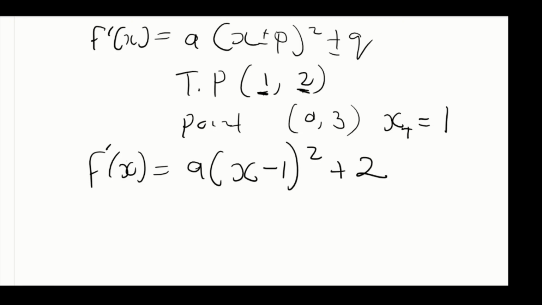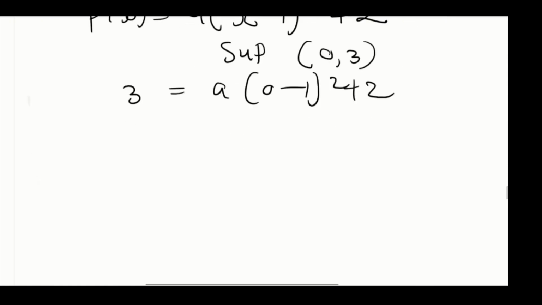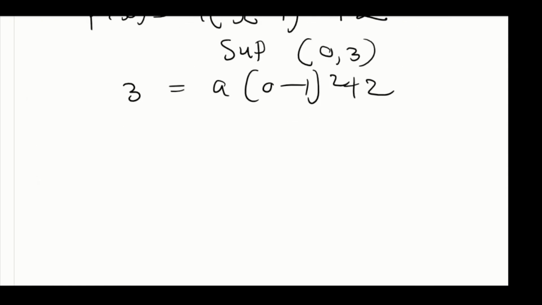Then we substitute the intercept (0; 3): 3 equals a(0 minus 1) squared plus 2. Then we find the value of a, so that we can identify the equation of the parabola and then find the gradient of the tangent.